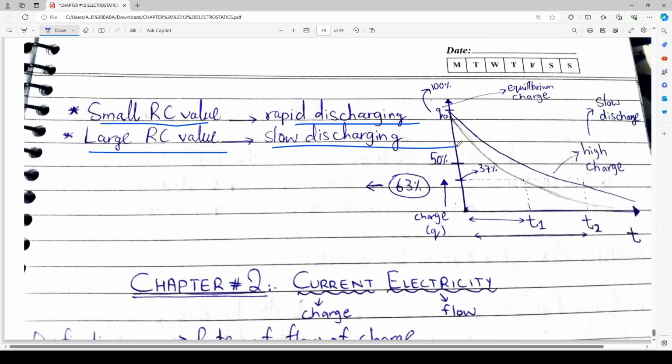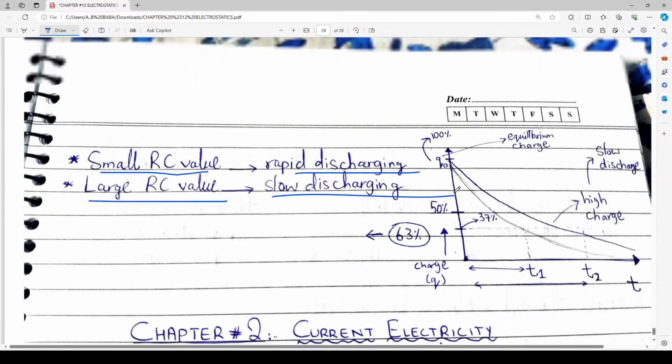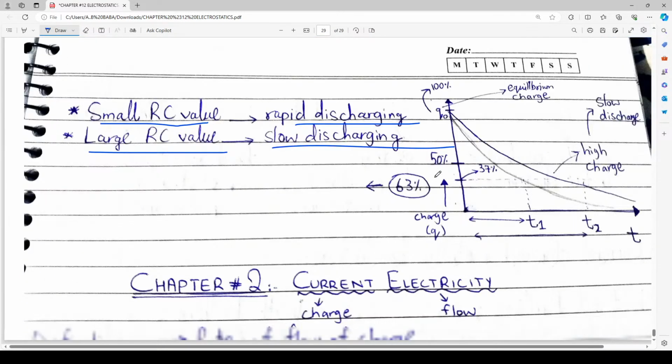I couldn't make the graphs for the previous ones, so only this one is here. At 63% it shows that its maximum charging is done, and this is the high charge, slow charge, T1 and T2.